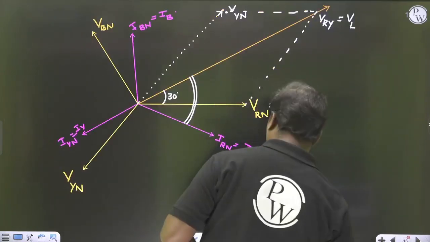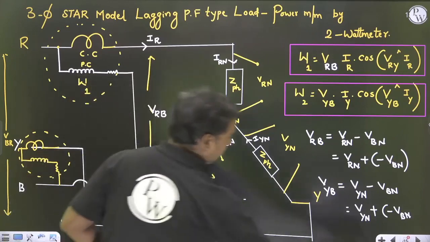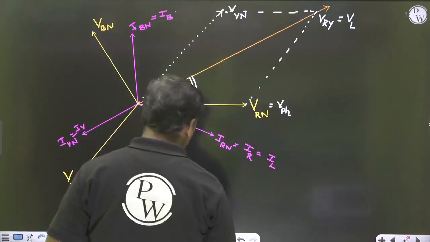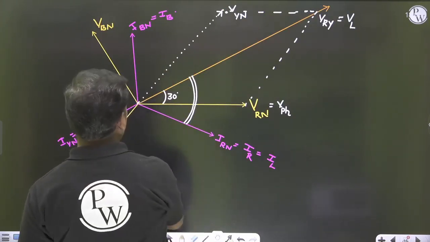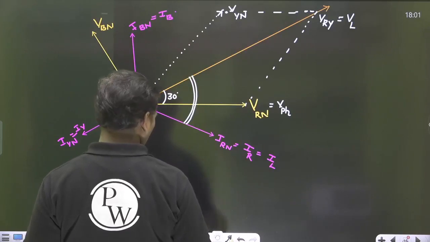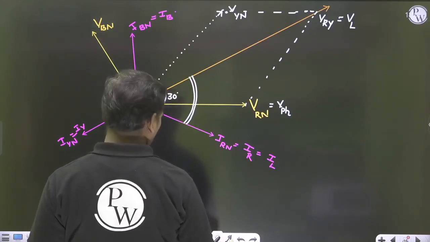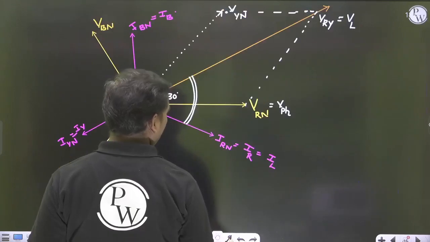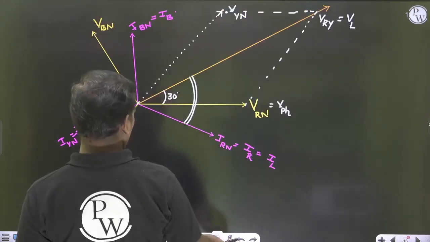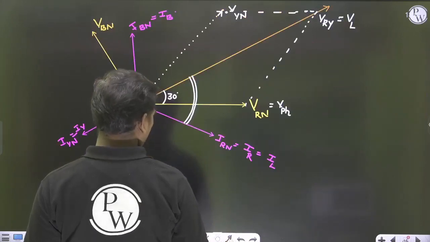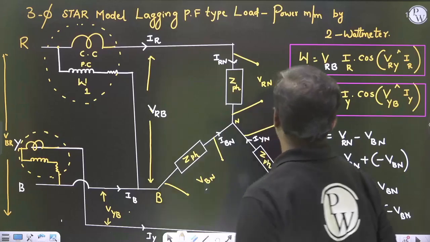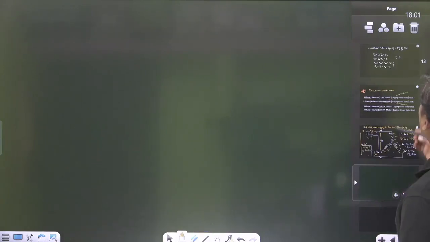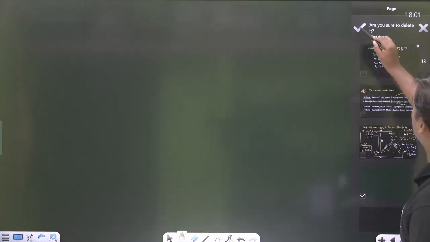If you check now, let me check this phasor once again. In this phasor, we want, let me draw this roughly.